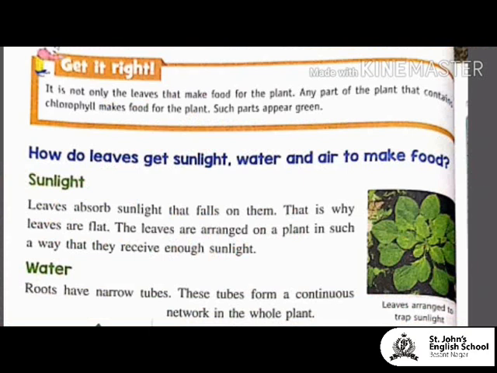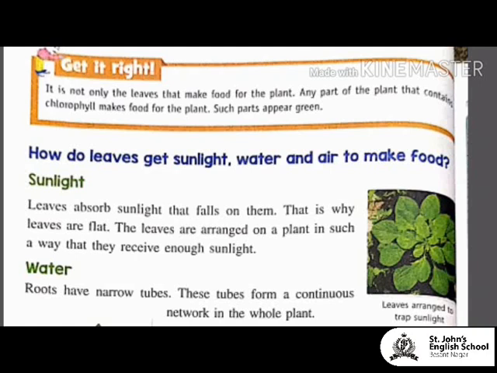Next we'll move on to how leaves get sunlight, water and air to make food. So how does sunlight help in making the food? Leaves absorb sunlight that falls on them. That is why leaves are flat. The leaves are arranged on a plant in such a way that they are exposed to sunlight.